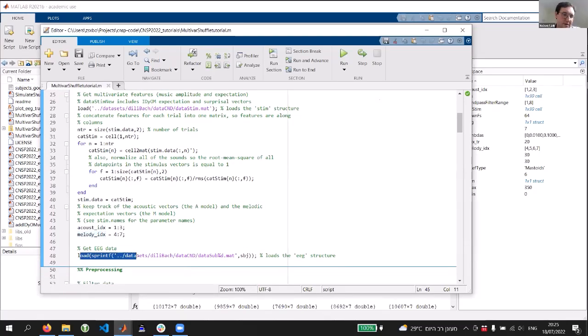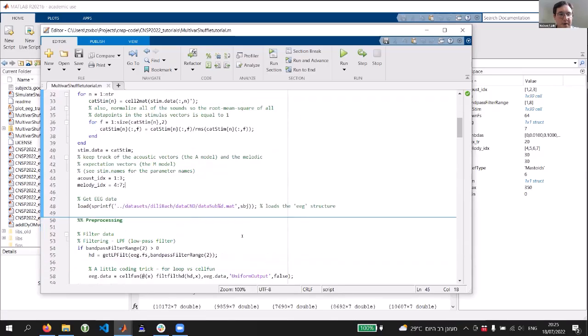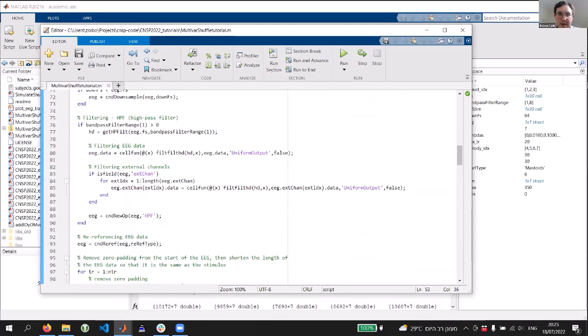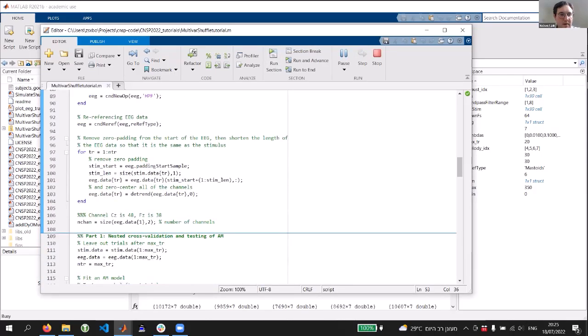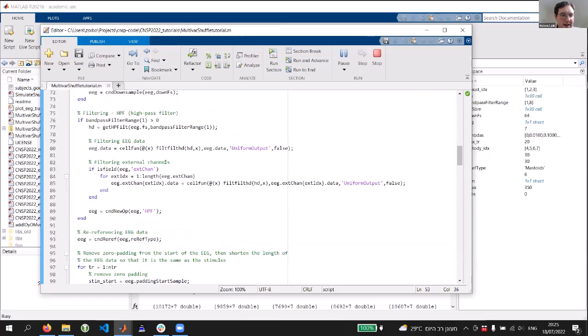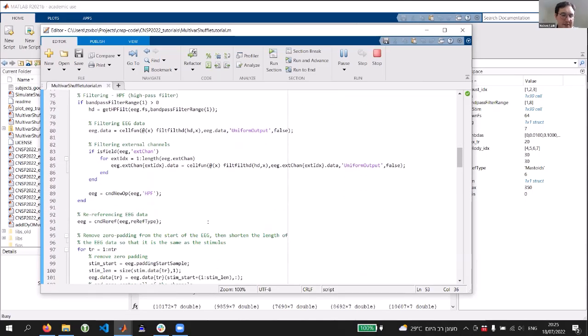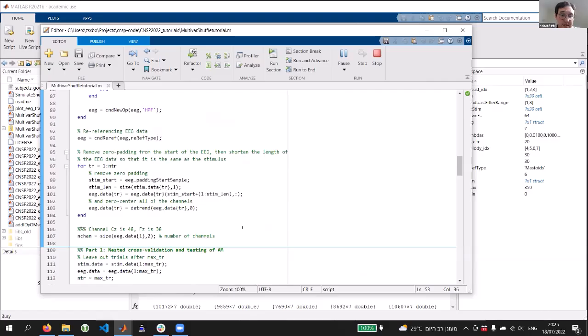And this loads the EEG data. I also do have a pre-processing stage. I'll just run this. It's not too different than what Giovanni did, so I don't think I need to talk through this too much. You filter the data, reference it to the mastoids is what we're using. Just a note when you're working with CND data to pay attention to this.